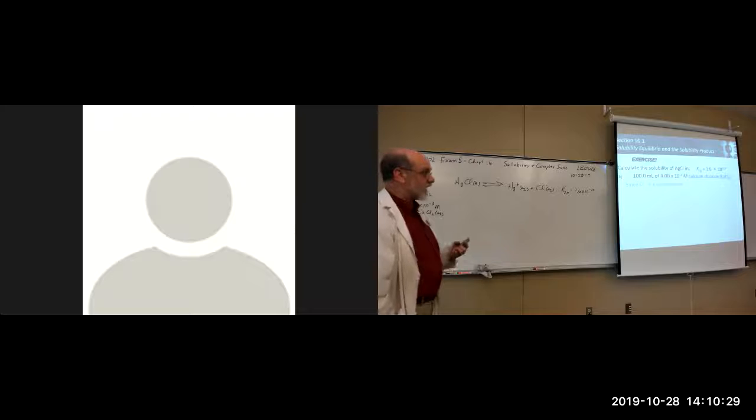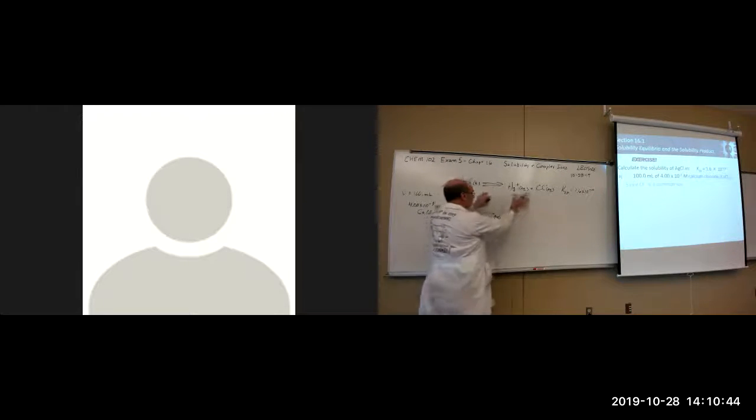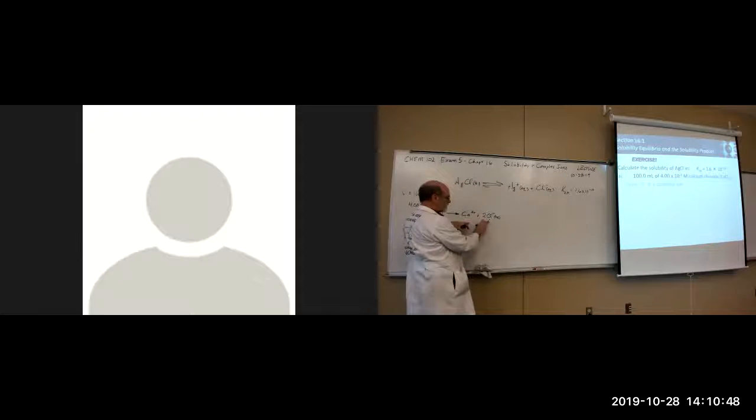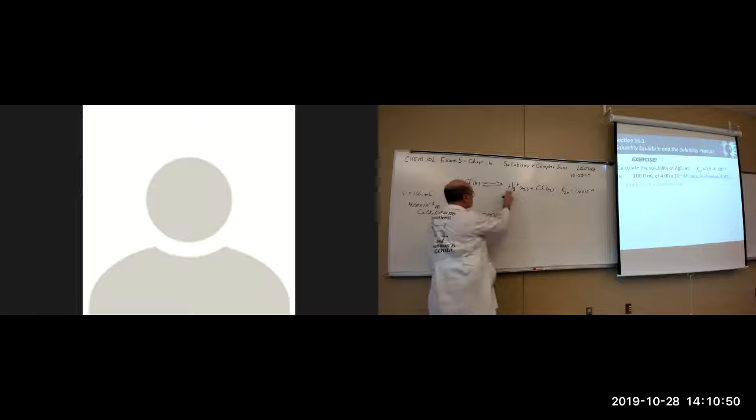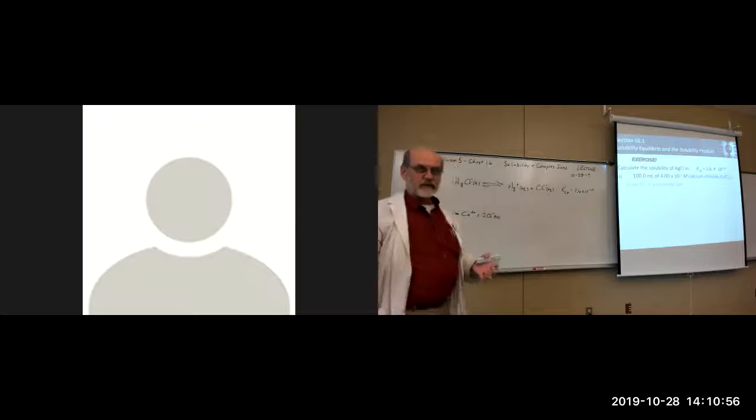Well, let's see, is it going to have an impact? This dissociates completely into calcium plus 2 chlorides, right? So when we have this in solution with that, what's going to happen? You're going to have extra chlorides that are going to combine with the silver and drive the reaction back this way. So what does that say about the solubility?